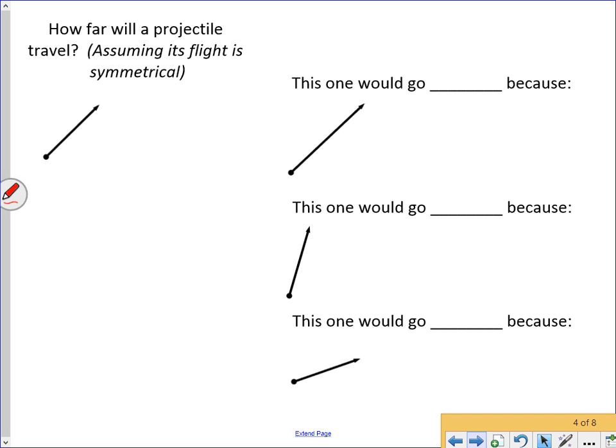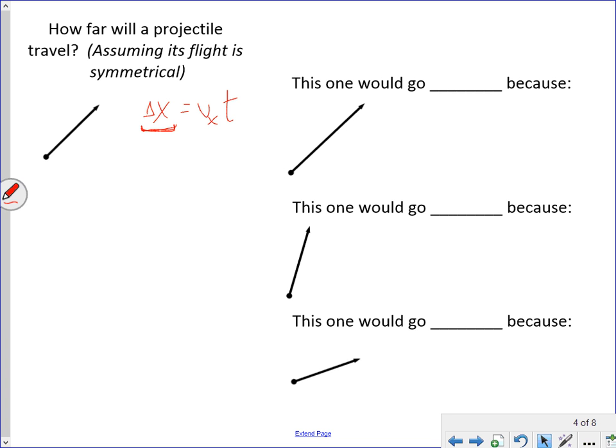How far will a projectile travel? Well, this is a trickier one. Because there's only one equation you can ever use in the horizontal direction for a projectile, and it's this: delta x is Vx times t. So how far something goes depends on two things.